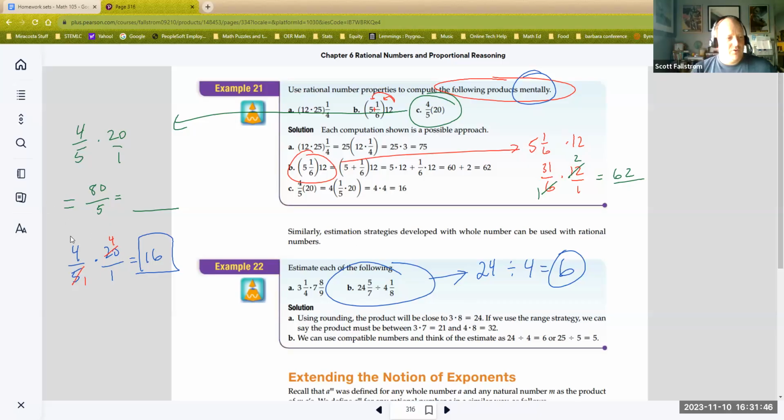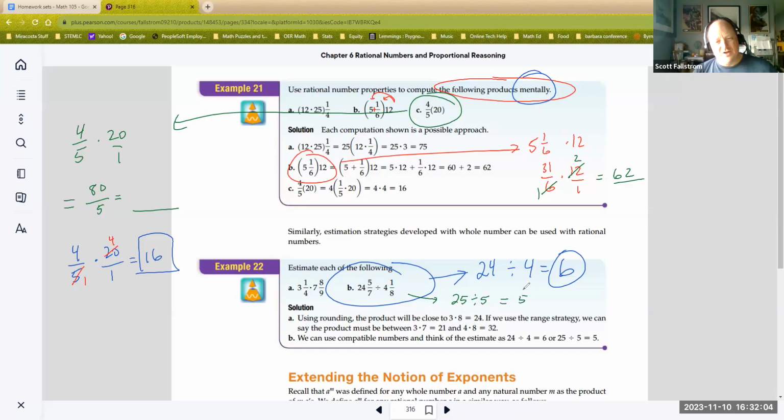If you're rounding both of them up, you're rounding the 4 and 1/8 a decent amount, and the divisor is where you tend to have your error. So if you were to do this, you would say, okay, so 25, if I rounded this up, and I'd say divided by 5.